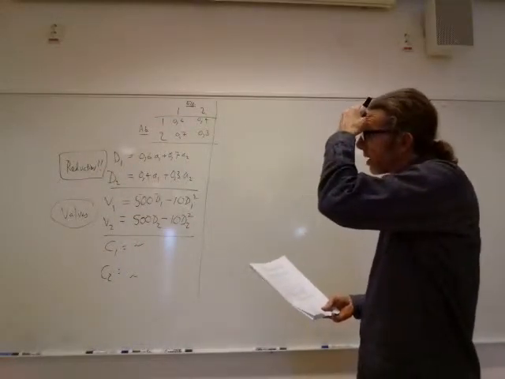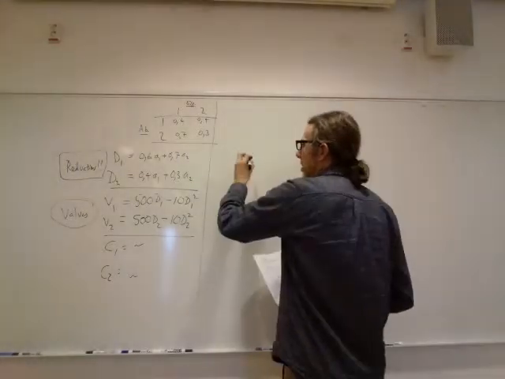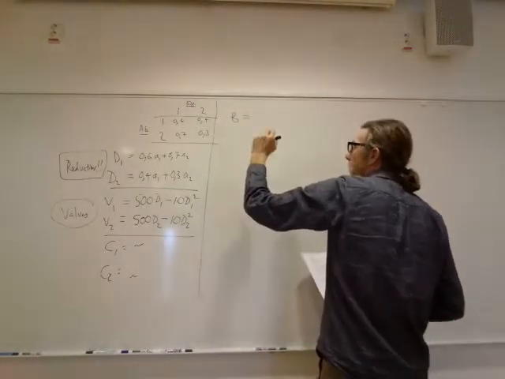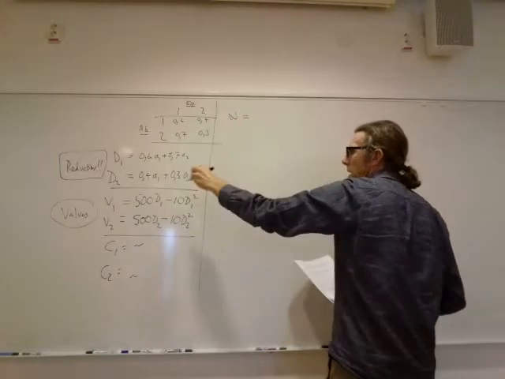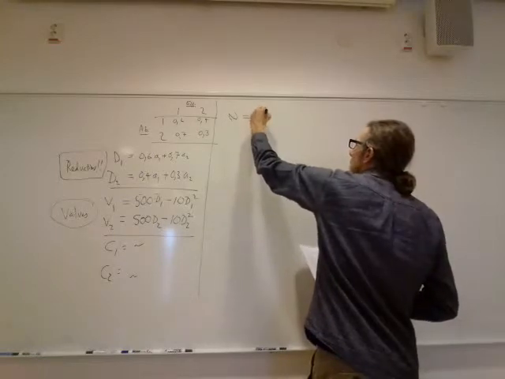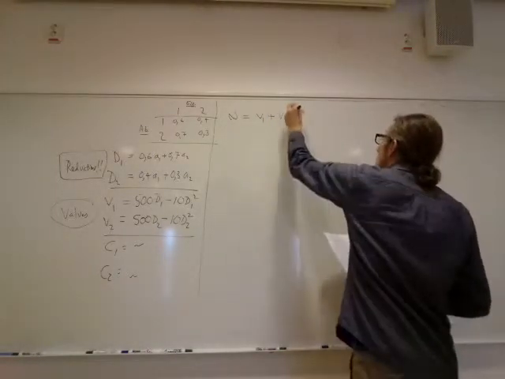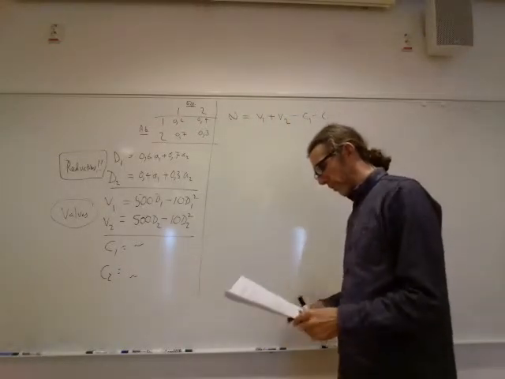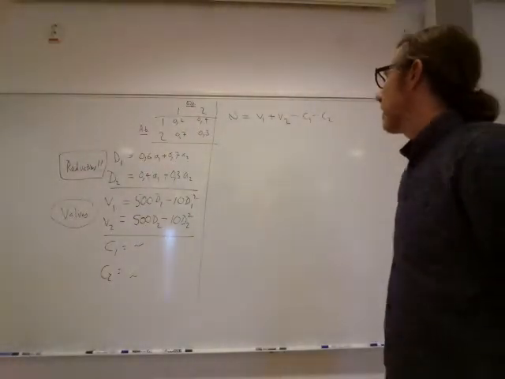So now we're just trying to maximize net benefits, let's call them N, which are V1 plus V2 minus C1 minus C2, isn't it?